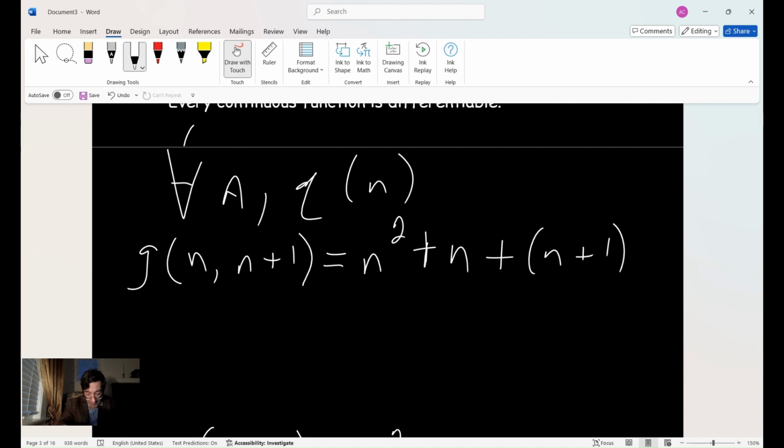Now, this is by definition. Now, n plus n obviously is 2n. So you have n squared plus 2n plus 1. You can factor this neatly.